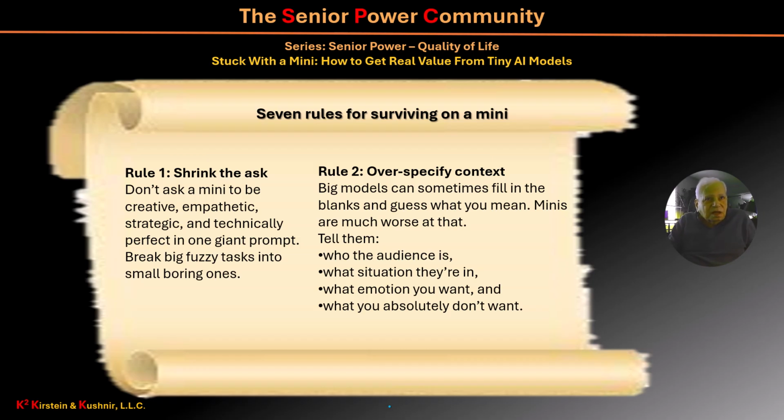Rule number one is don't ask a mini to be creative, empathetic, strategic, and technically perfect in one giant prompt. Break big fuzzy tasks into small boring ones. Instead of write a nuanced, emotional intro for my podcast, ask about caregivers under pressure, try rewrite this paragraph so it sounds calmer and more grounded at a seventh grade reading level.